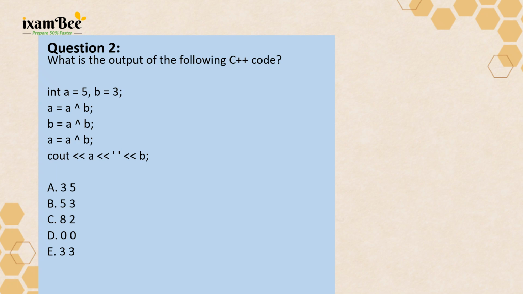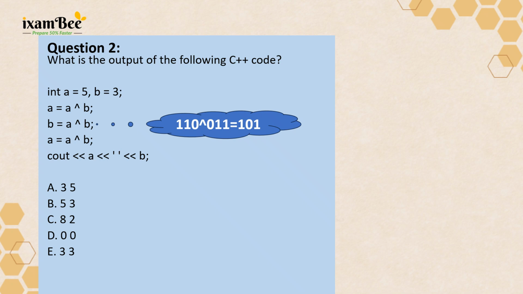So in this question, first of all, we have to know that this is a classic example of XOR swap. If we do the XOR in the bitwise form, we get 101 XOR 011, which is equal to 110. So A is going to be assigned the value of 6. In the next statement, we would be performing 110 XOR 011, which would yield 101.